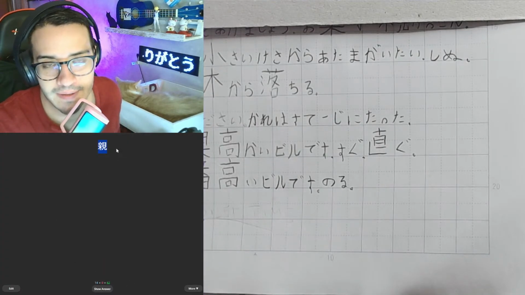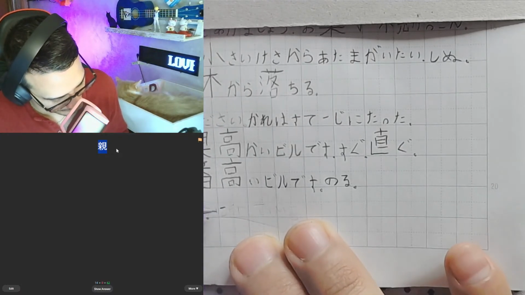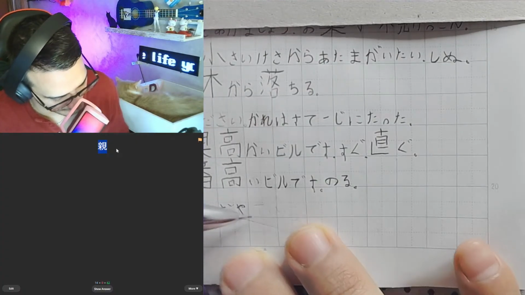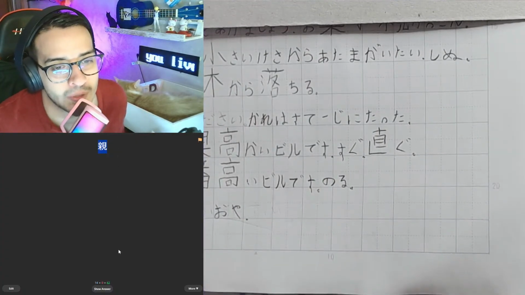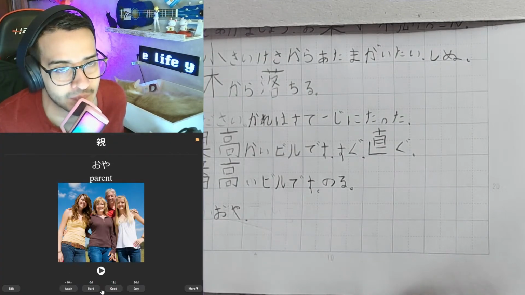How do we read this kanji? Oya, meaning parents. 親。Parents. Easy.